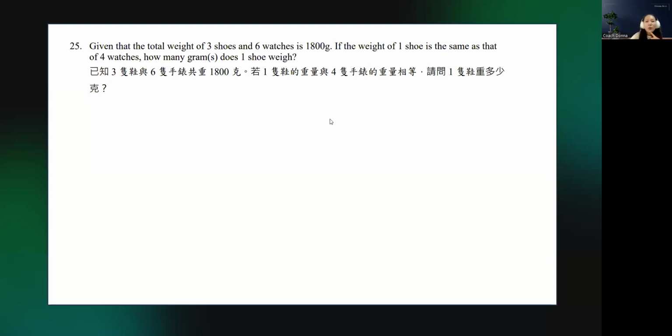So again, we have 1,800 grams. But we need to divide it by the number of shoes, that's 3, and then the number of watches is 6.